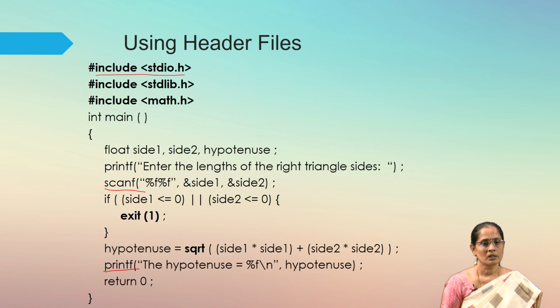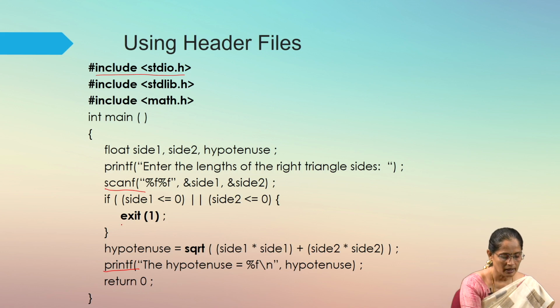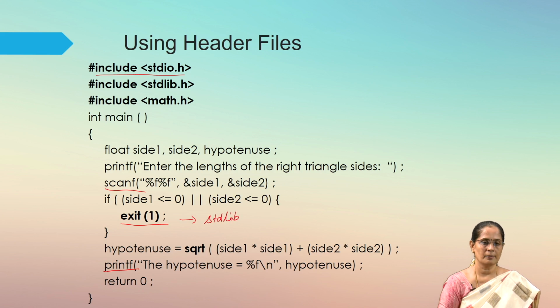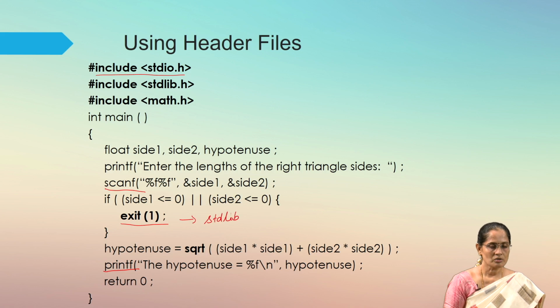If I am using the header file stdlib.h, it will allow the process related functions to be used. For instance, exit is a function whose prototype is available with stdlib. And math.h has the mathematical library functions.